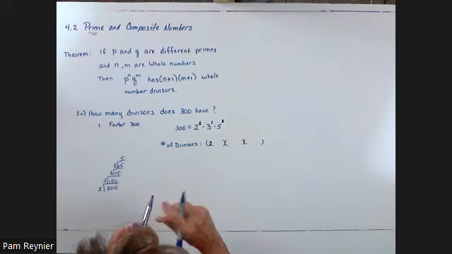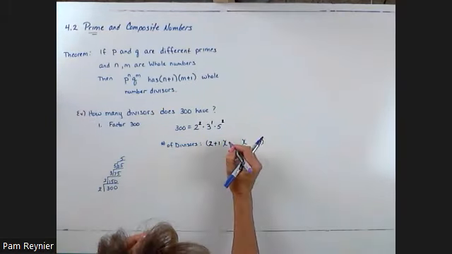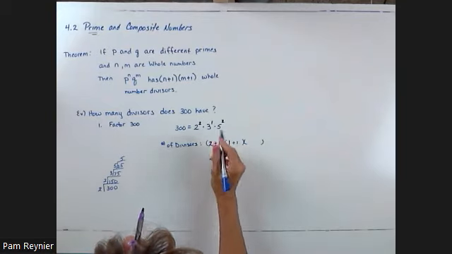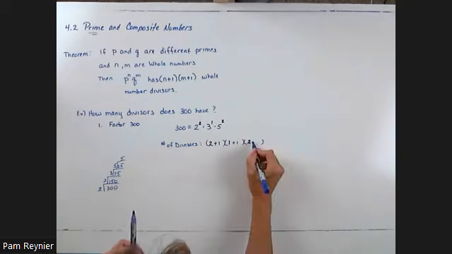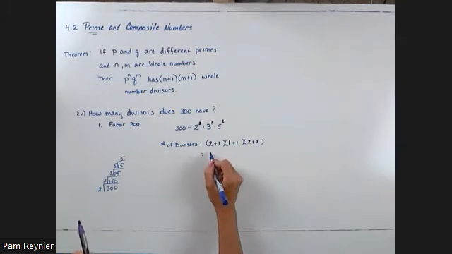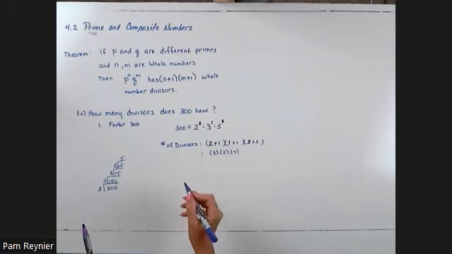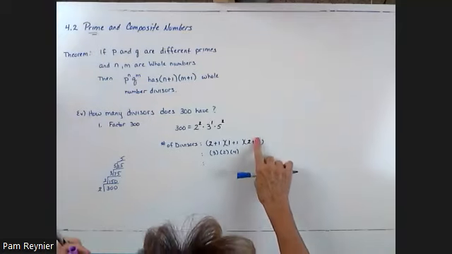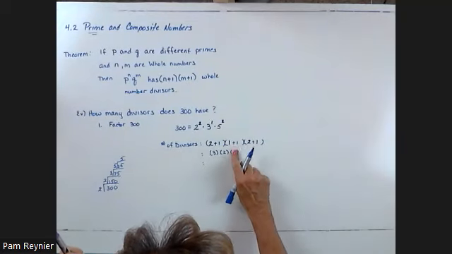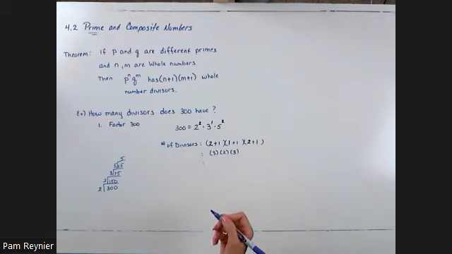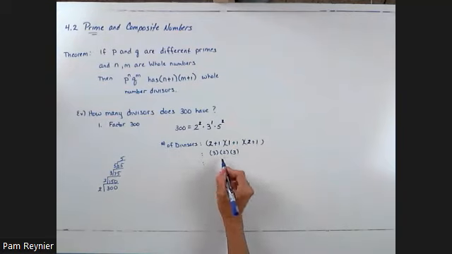And I'm going to have 2 for the first exponent plus 1, 1 for the second exponent, and 2 for that third exponent. Oh, whoops, 2 plus 1. Sorry about that. Somebody else probably caught that already. I just now caught up to you. So I'm going to have 3 times 2, which is 6, and I'm going to have 18 divisors.